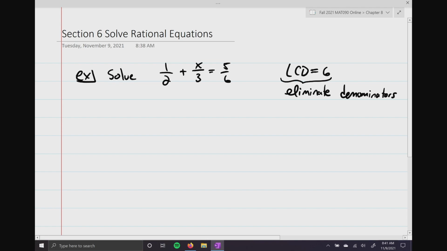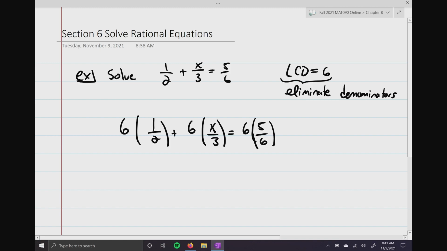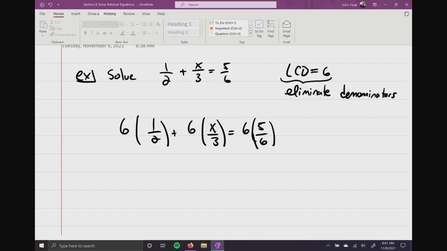So what I'm going to do is write 6 times 1/2 plus 6 times x over 3 equals 6 times 5 over 6. And like I said, our goal here is to eliminate denominators.